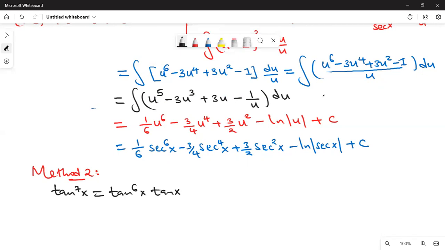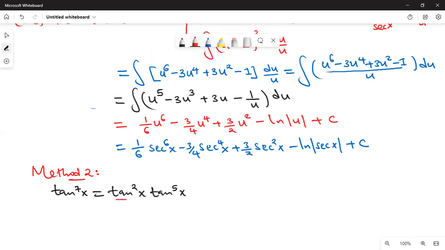But what is tan raised to 6? Instead of having tan raised to 6 of x times tan x, we can have this as tan squared x times tan raised to 5 of x. Still the same. I want to replace tan squared x.